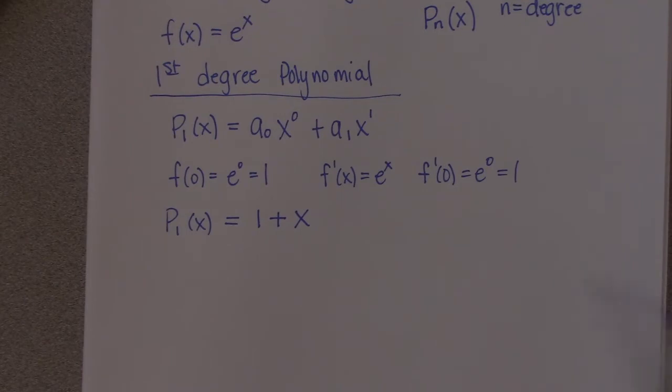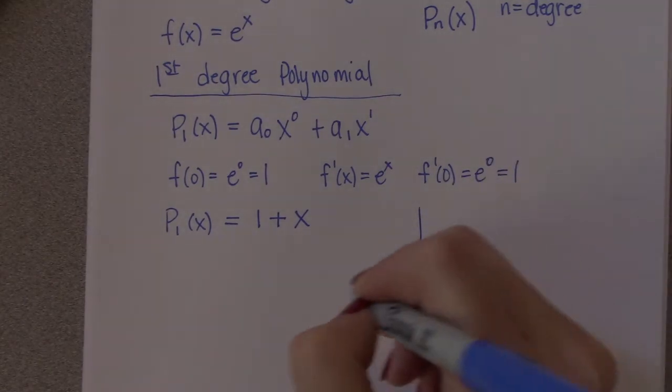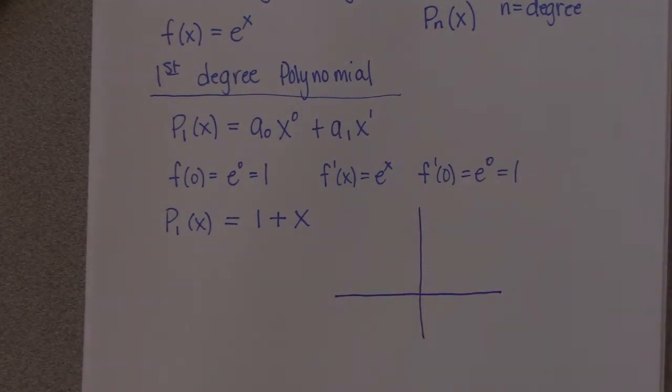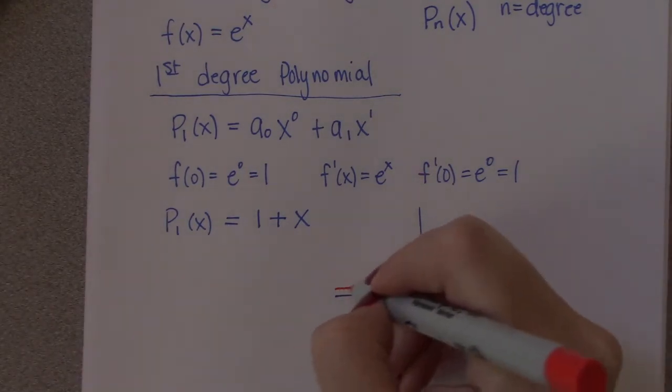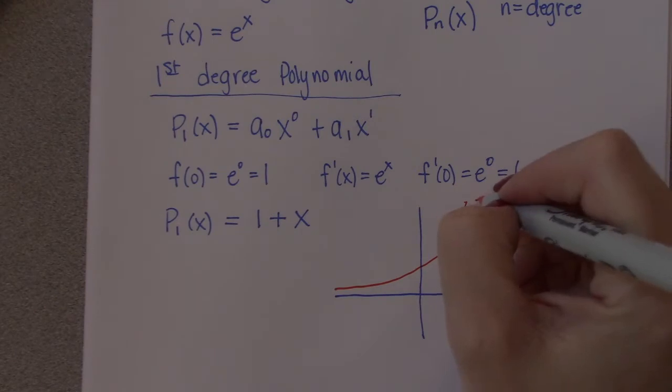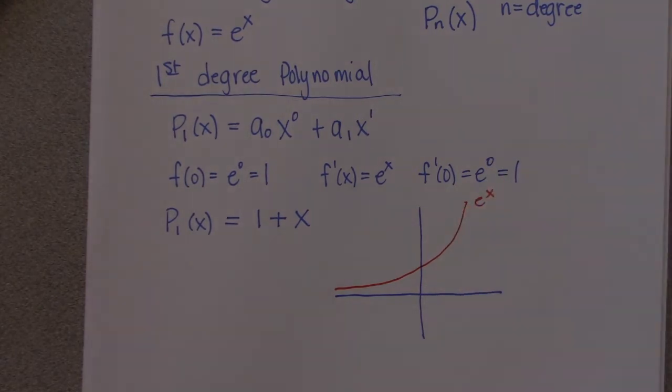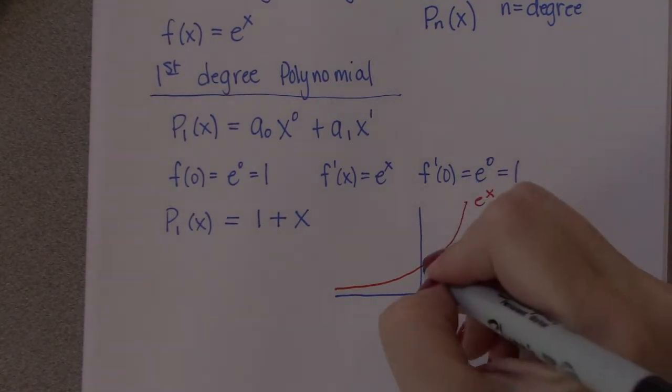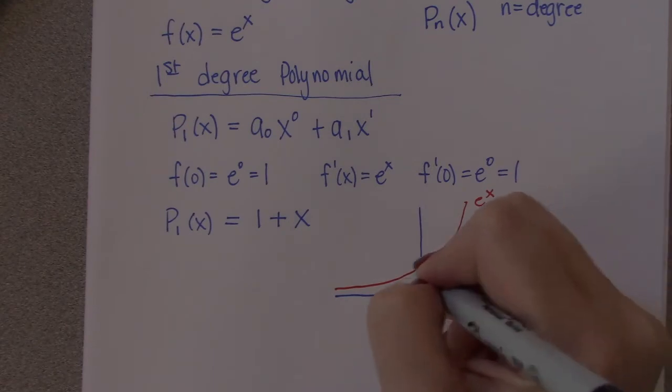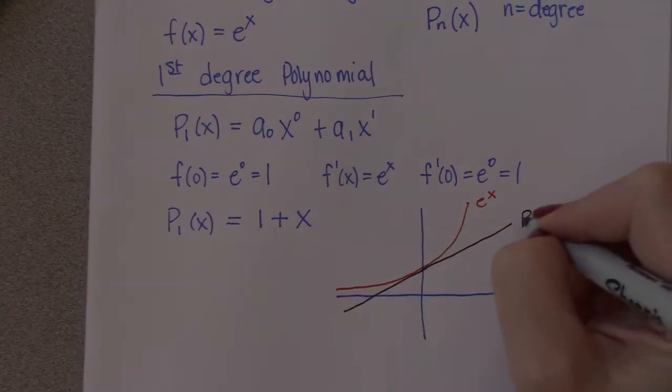So if we actually look at this on a graph, e to the x is here, and what we just found was the tangent line at 0.